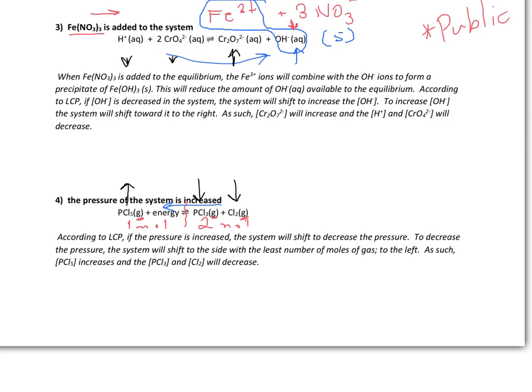So to give a full mark answer, we of course start with, according to Le Chatelier's principle, if the pressure is increased, then the system will shift to decrease the pressure. In order to decrease the pressure, the system will shift to the side with the least number of moles, which is the left. As such, PCl5 increases, and PCl3 and Cl2 will decrease.